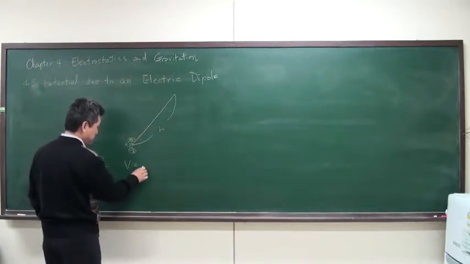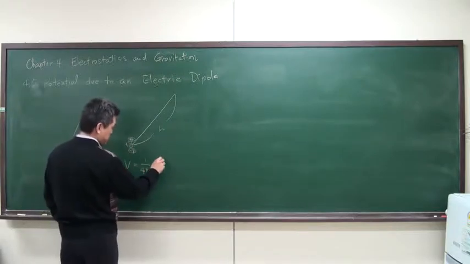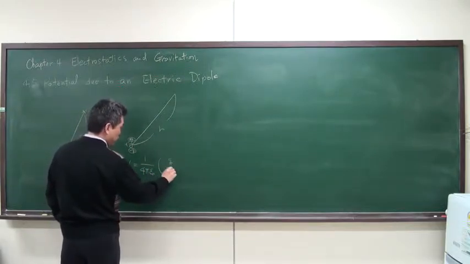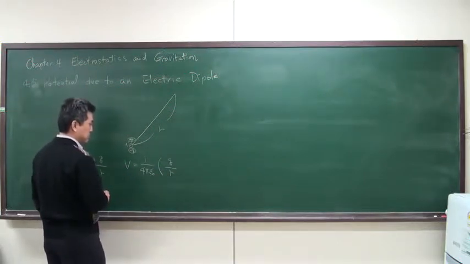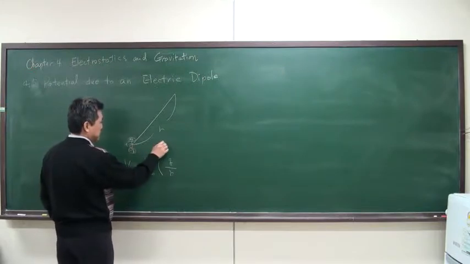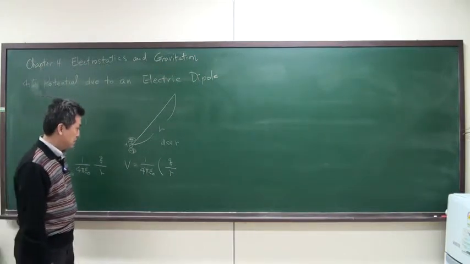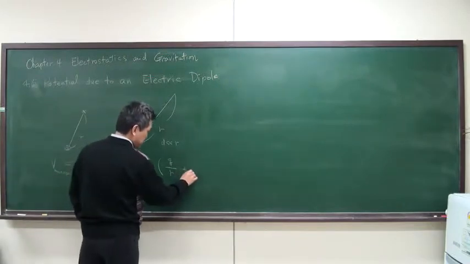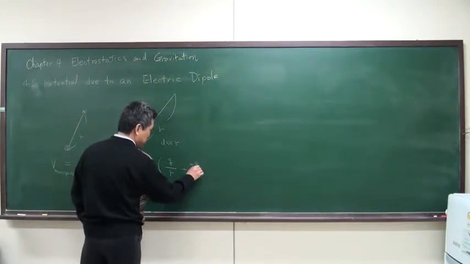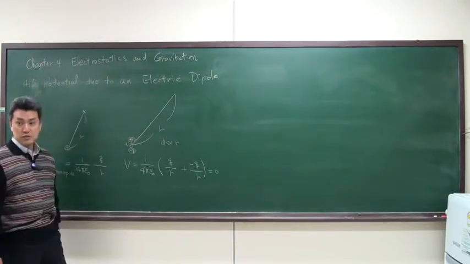Potential is charge Q over R, and if D is much smaller than R, then it is almost same as R, and the potential due to the negative charge, it is additive, minus Q, so it is 0. Monopole contribution vanishes.